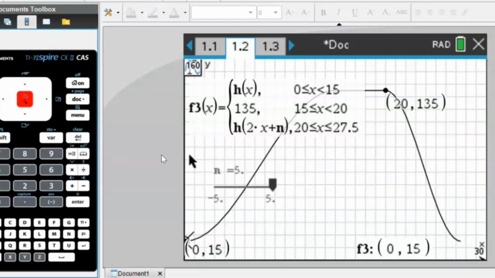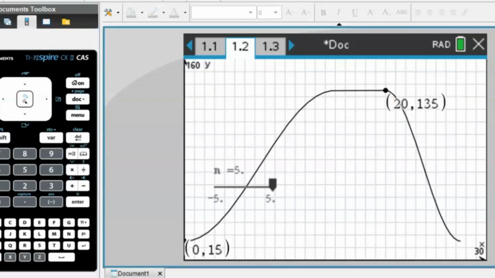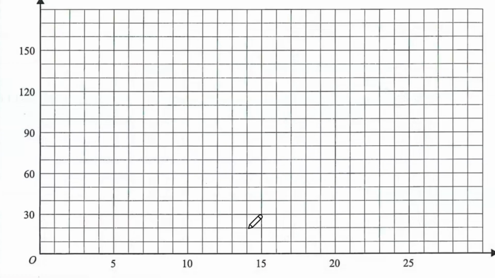Alright, now that's 15. We got that. Oops. So that was 15.